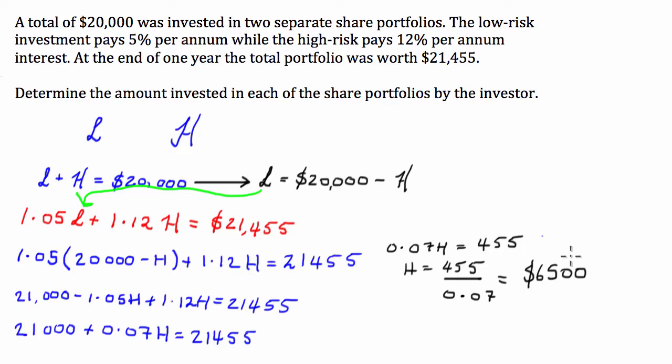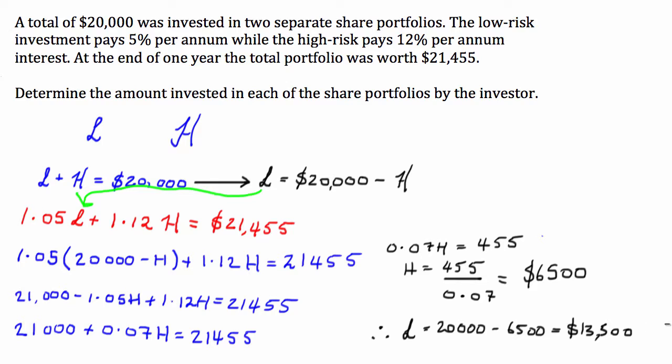pays 12% per annum. So what we're going to do now is use the equation that I initially found with the low risk in terms of the high risk, and I'm going to write therefore the low risk portfolio is equal to 20 grand minus the money in the high risk portfolio, or 6,500, which is equal to, now I hope you guys can all work this out in your head, $13,500.